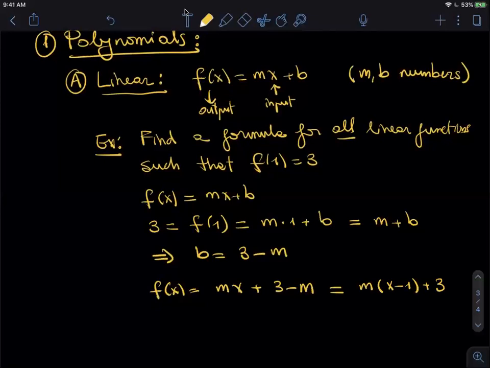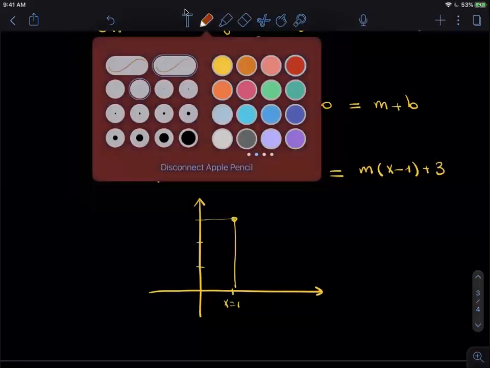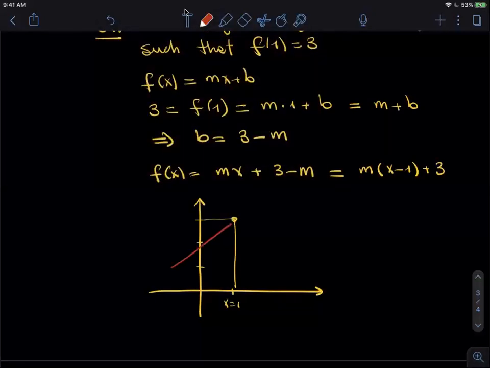You may be wondering why there's a whole family of functions. Well, if you have this x equals 1, and then 1, 2, 3, what are all the linear functions that pass through this point? They are going to be all the lines with all possible slopes.